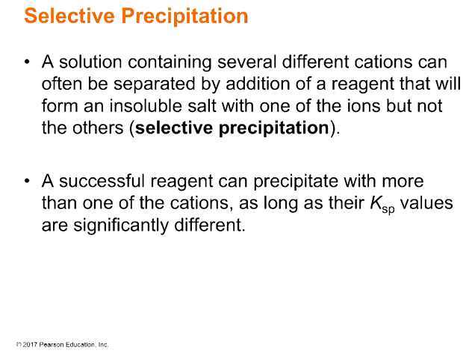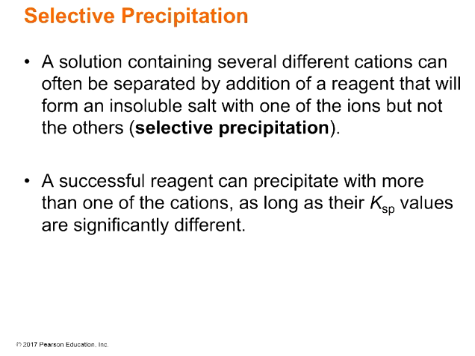But in one part of that experiment, we had an unknown mixture of some unknown metal ion and silver. And we had to precipitate silver out of solution, but keep the other metal ion in solution. So that was the process of selective precipitation. We were selectively precipitating silver out of solution.